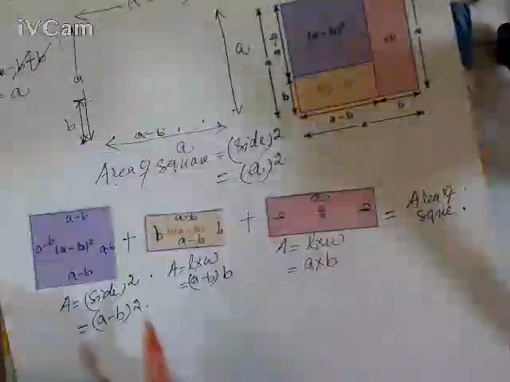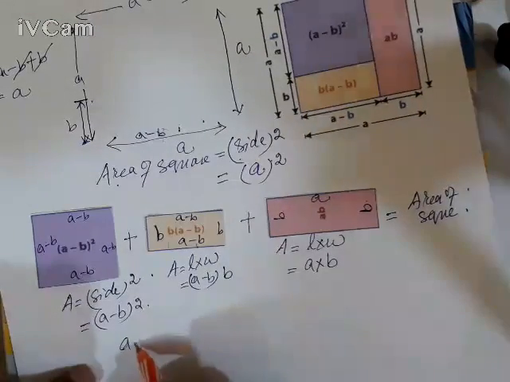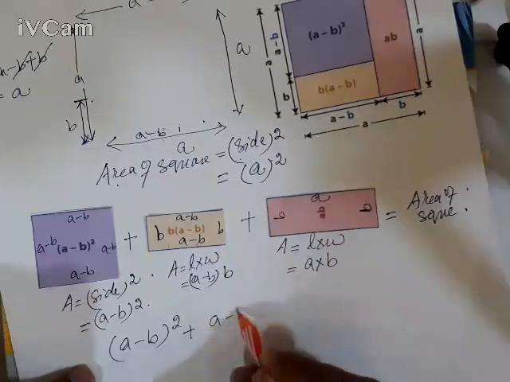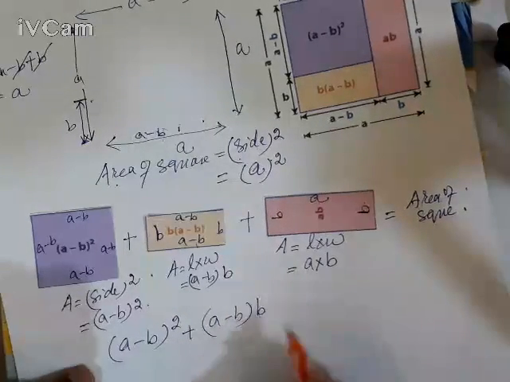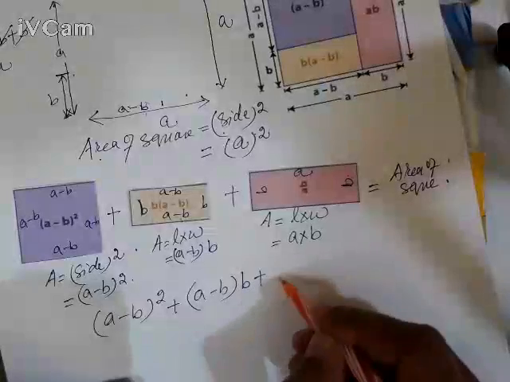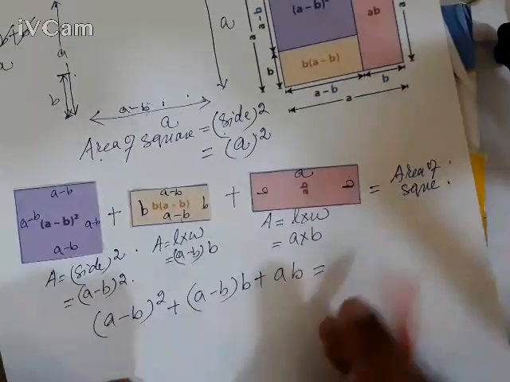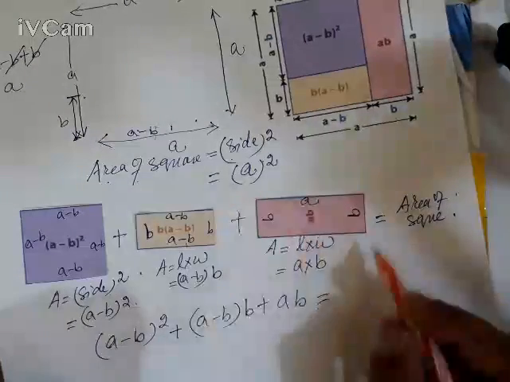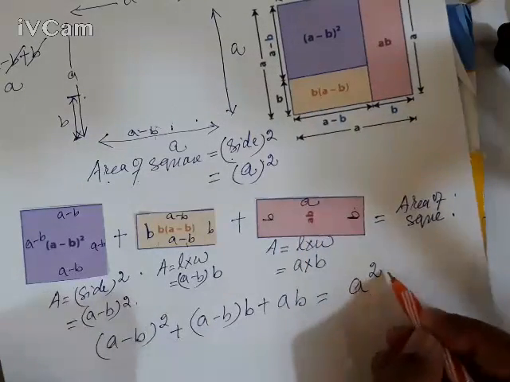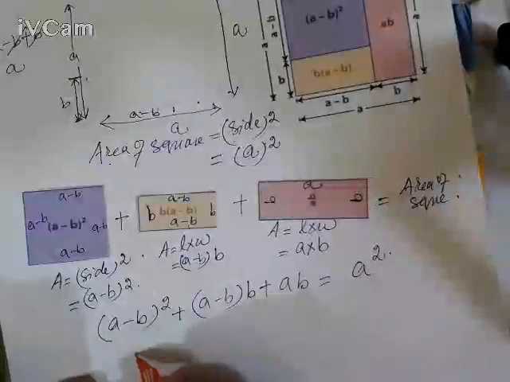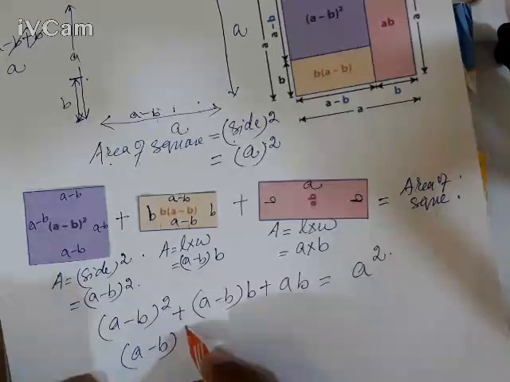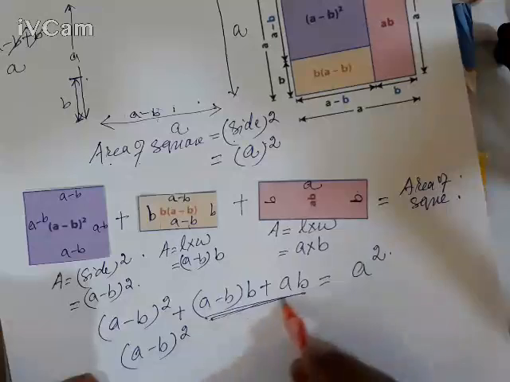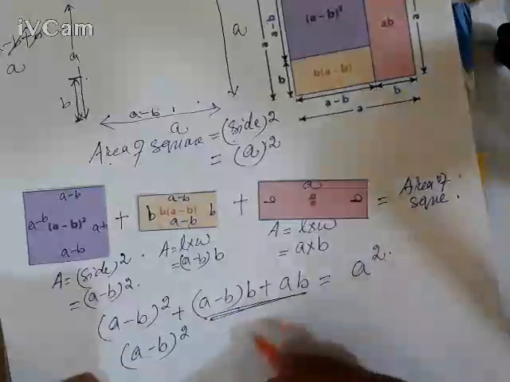Now when we add a minus b whole square plus a minus b into b plus ab, which is equal to, and we have already calculated the area of square is a square, so we will write a square. Next step is a minus b whole square, and move all these areas on the other side.